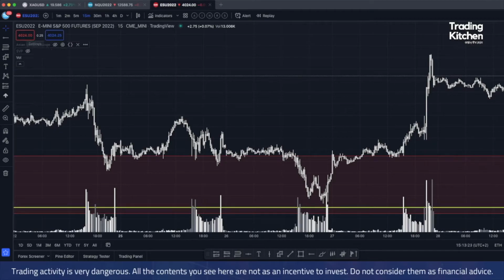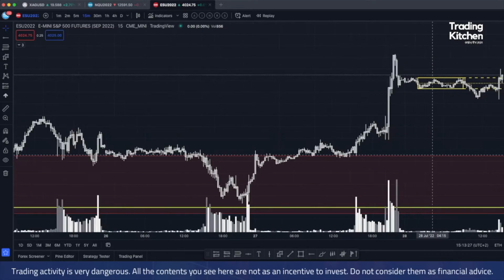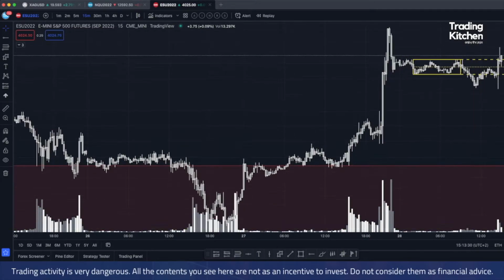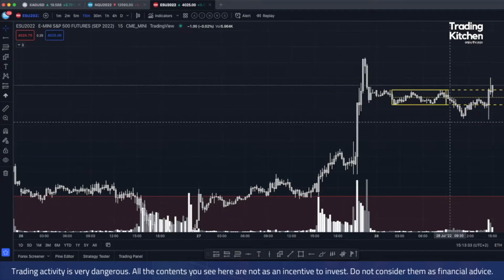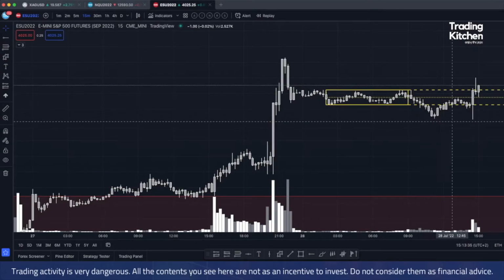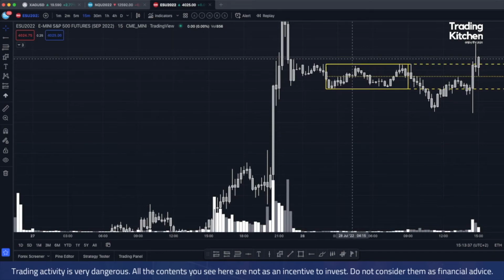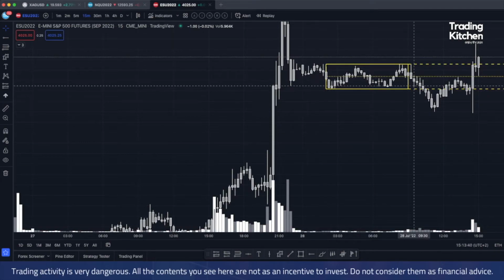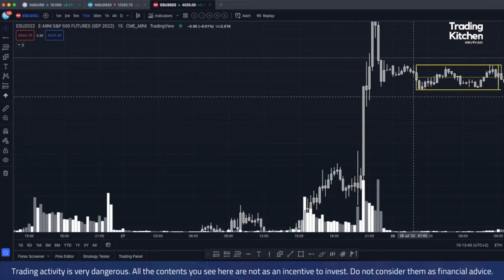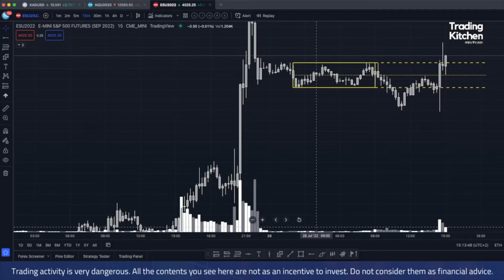The first one is the Asian session range. Why? Because I work on the London and US opening. So I use the Asian session range that highlights all the movement. In this box is everything that happens during the Tokyo and the Sydney sessions.